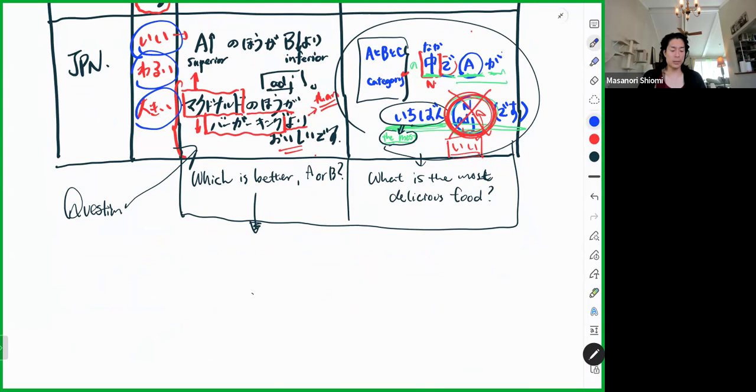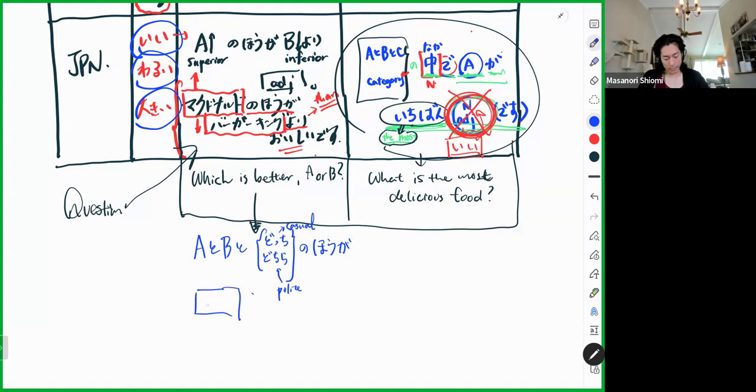Okay, how to ask the question, which is better, A or B? A と B とどっち in a casual setting, or どちら in a polite setting, の方が, whatever noun or adjective you're comparing with, ですか, as a question.